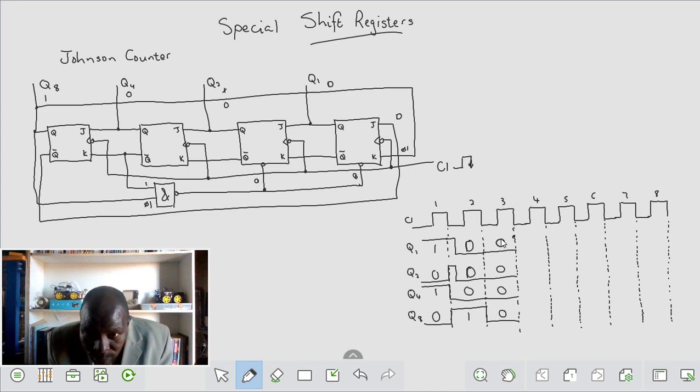So this is 0 from the input being fed through from the feedback, but this is the 0 sliding through. That's the 0 sliding through, and that's the 0 sliding through. What do you see happening here? The register is filled up with zeros. Now, next pulse, what do you have? You've got zeros only. What does it mean? The feedback here is a 1, and the feedback there, how can they both be ones?